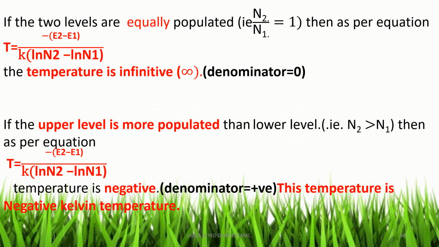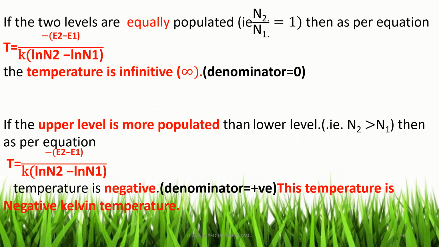Now if the upper level is more populated than the lower level, that is N2 is greater than N1, then as per the equation T is equal to minus (E2 minus E1) divided by k (ln N2 minus ln N1). The temperature is negative because the denominator is positive.